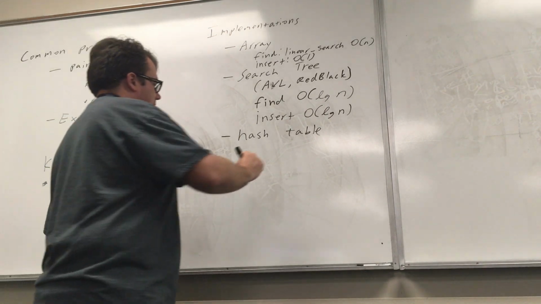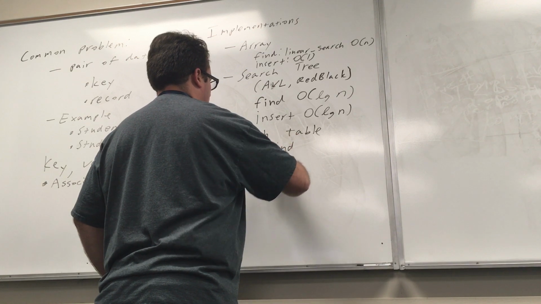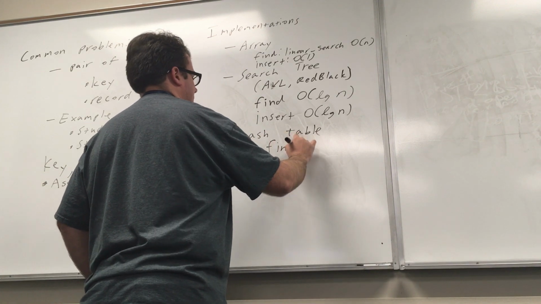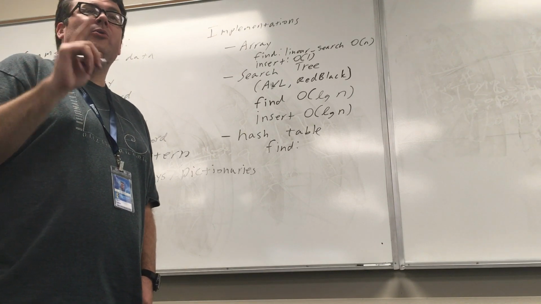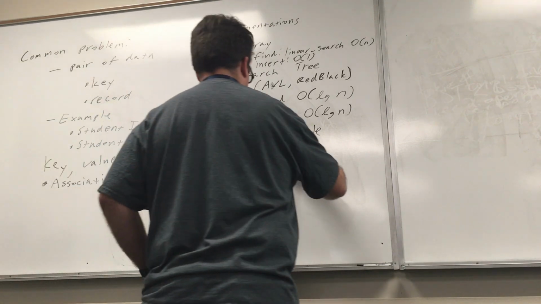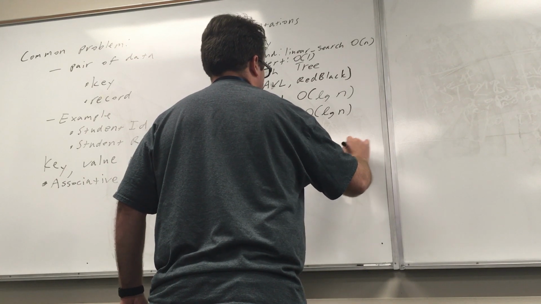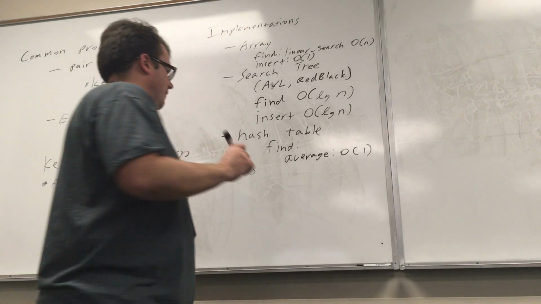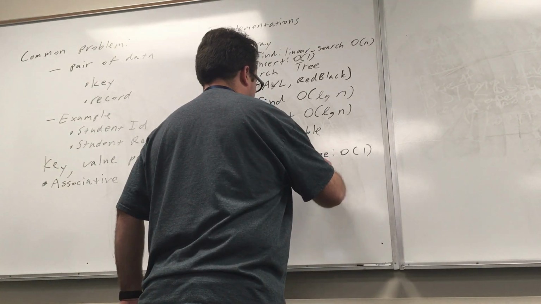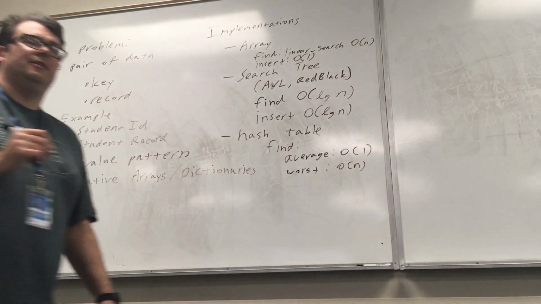Now, the thing about a hash table is that we can't really prove what the real algorithmic complexity of it is. But if we do it correctly, then the average case is constant to find things. Now, the worst case to find things is big O n.